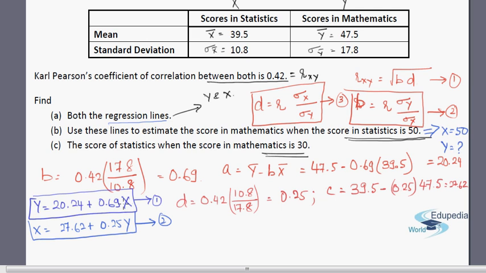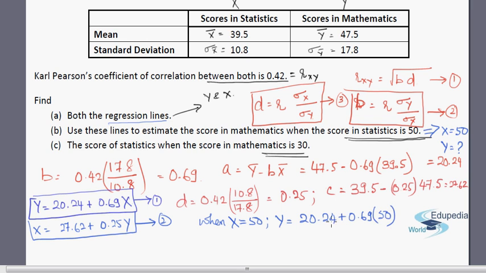Therefore I'll be using my first regression equation here. So when x equals 50, the value of y would be equal to 20.24 plus 0.69 multiplied by 50.